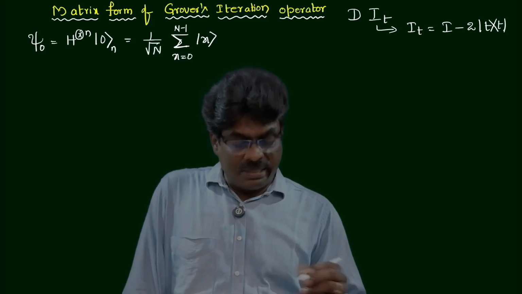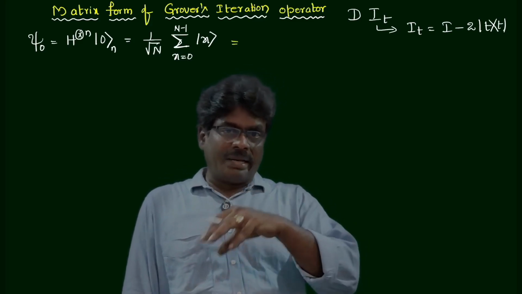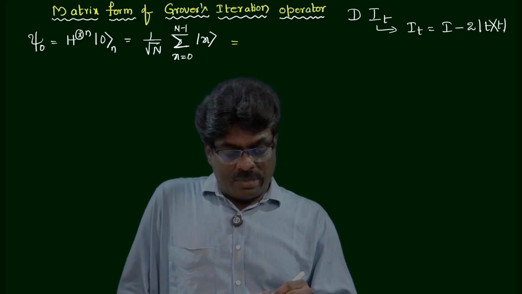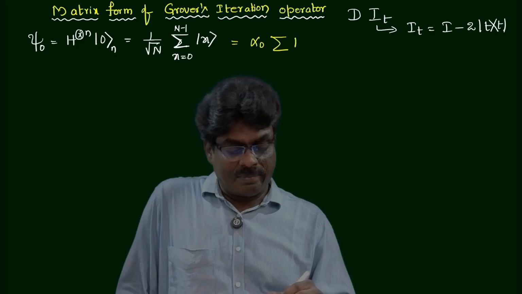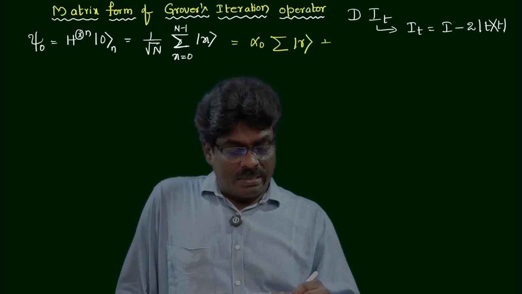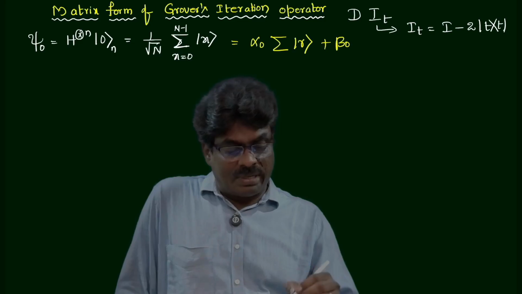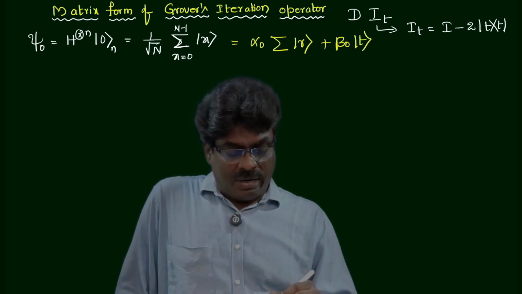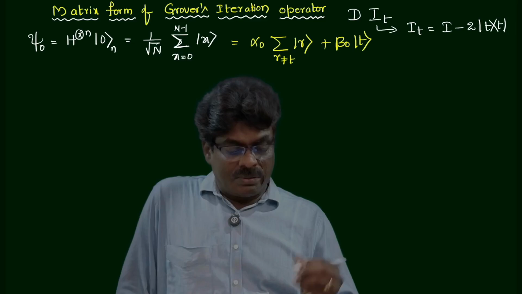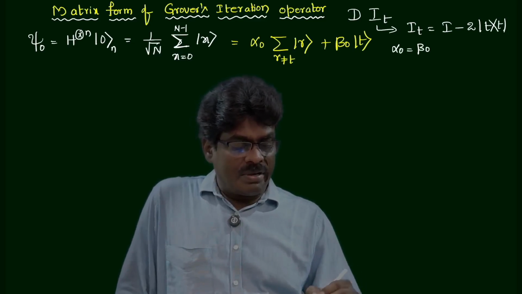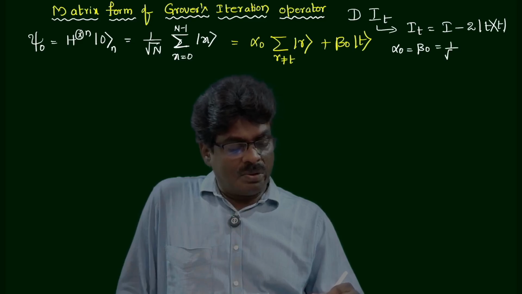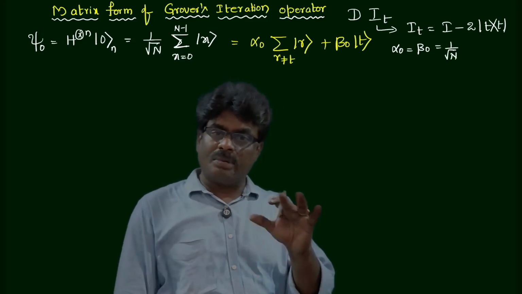Now let me split this into target and remaining states. I am taking alpha naught, the initial amplitude, for the remaining states, plus beta naught, the amplitude of the target state. And remember, r is not equal to t. And alpha naught and beta naught are both equal to 1 over root n because the initial amplitudes are the same.